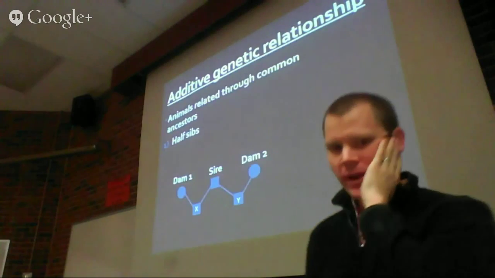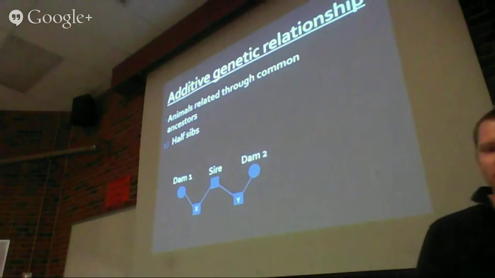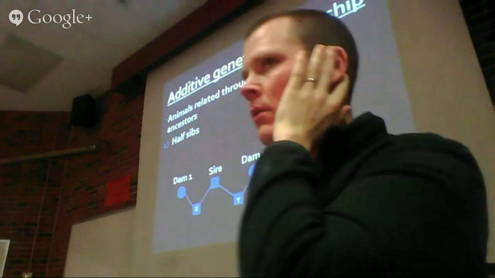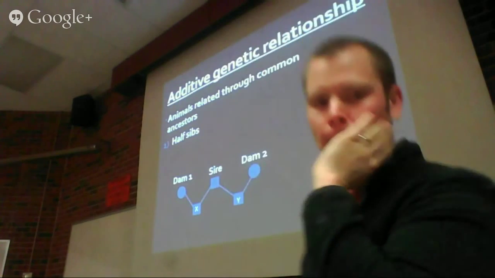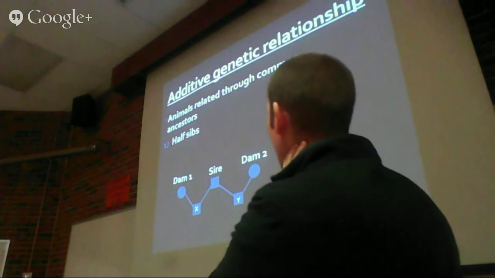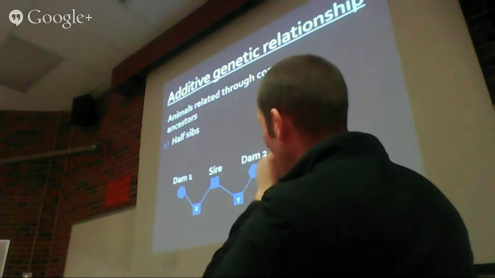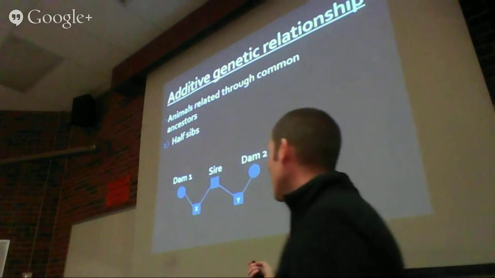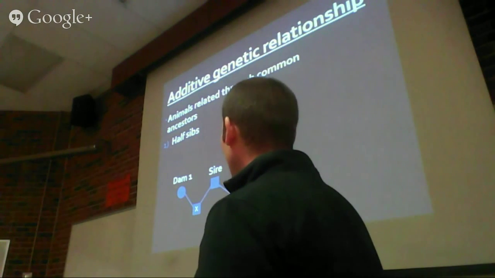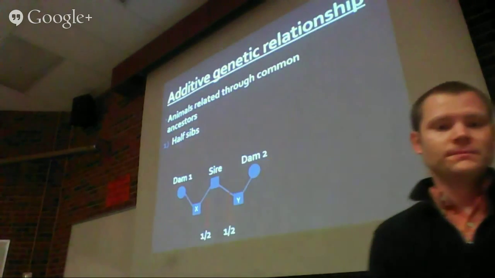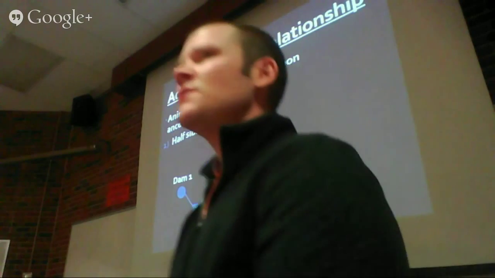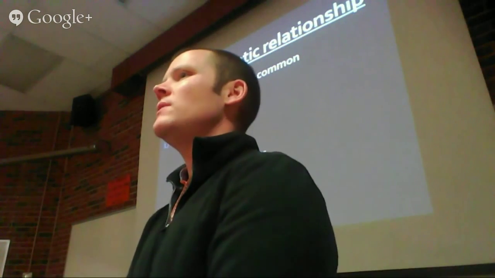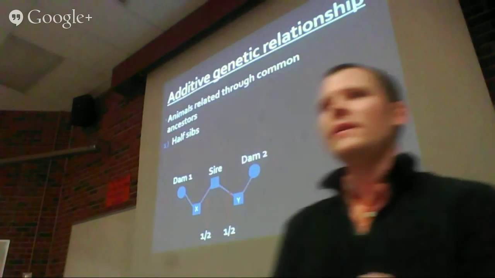We have several situations that are very common in animal breeding, where we can look at these relationships and maybe memorize how they go because we see them so often. So we've got animals related with one common ancestor. In this case, they share a sire. These would be half sibs. X and Y are half sibs. The formula does not change. It's still 1/2 raised to the T generations that separate the two individuals.